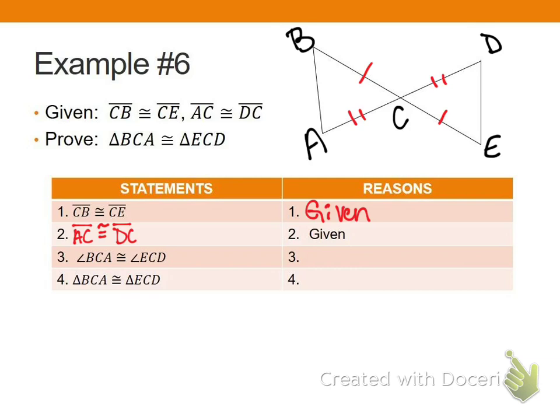Next, they're telling us that angle BCA is congruent to angle ECD. So normally that's something you would have to come up with on your own. Since this proof gave us some help, we didn't have to do that. But we do need to know why they're saying those 2 angles are congruent.